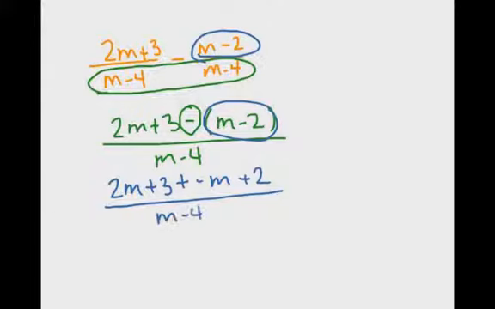And now we are going to combine like terms. So we have 2m minus m, so we're left with m. And then we have 3 plus 2, so it'll be plus 5 over m minus 4.